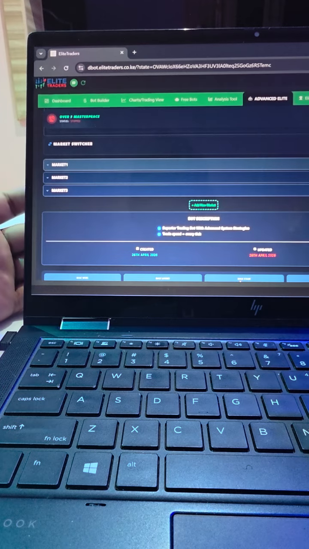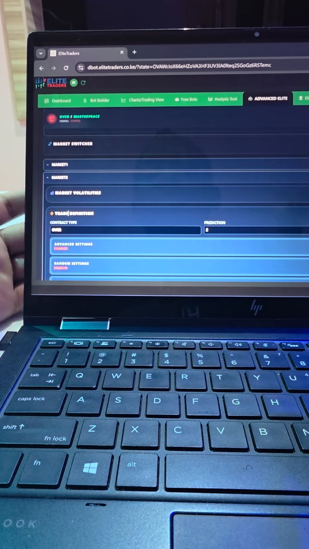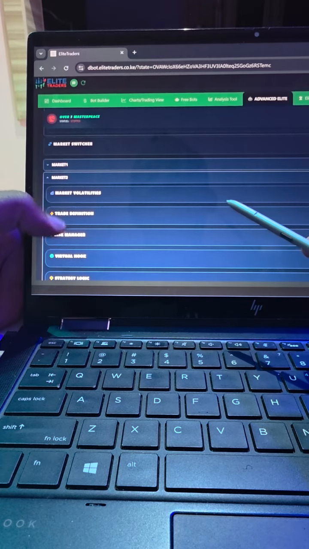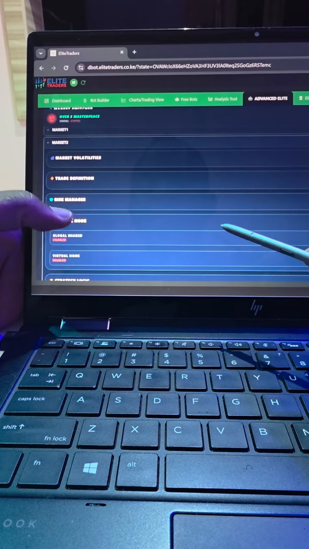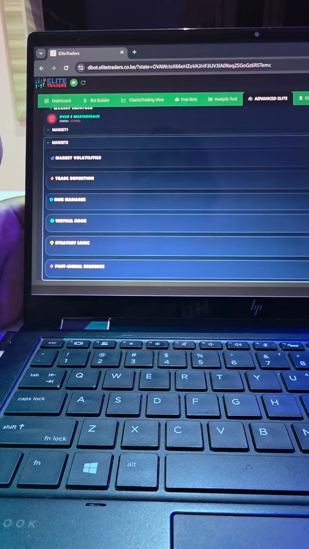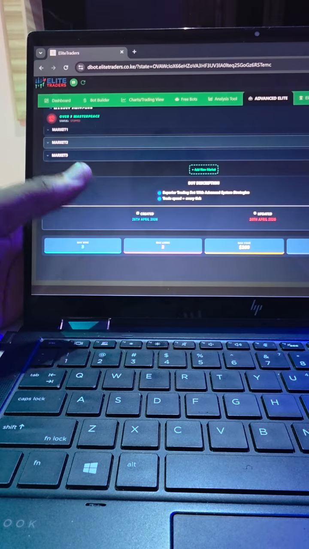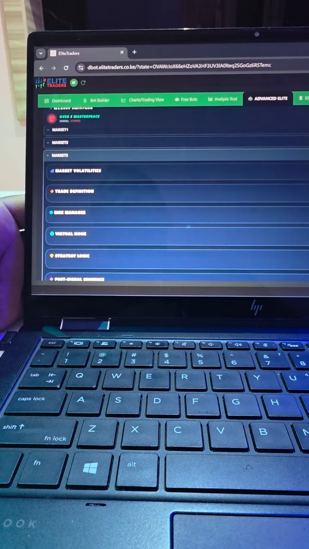Let's close market 1. In case we happen to lose a trade on market 1, the robot switches to market 2. If you go to trade definitions, you can actually see the robot will execute an over 2 trade, which you can see the value is actually disabled, so it will execute that trade instantly. Immediately after the first loss, it will execute the second trade without having to look for any condition. Then in case of a loss, the robot will switch to market 3.